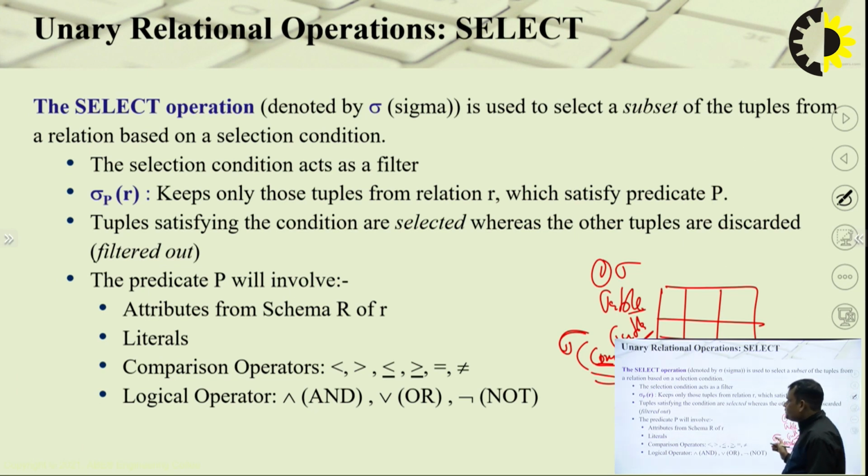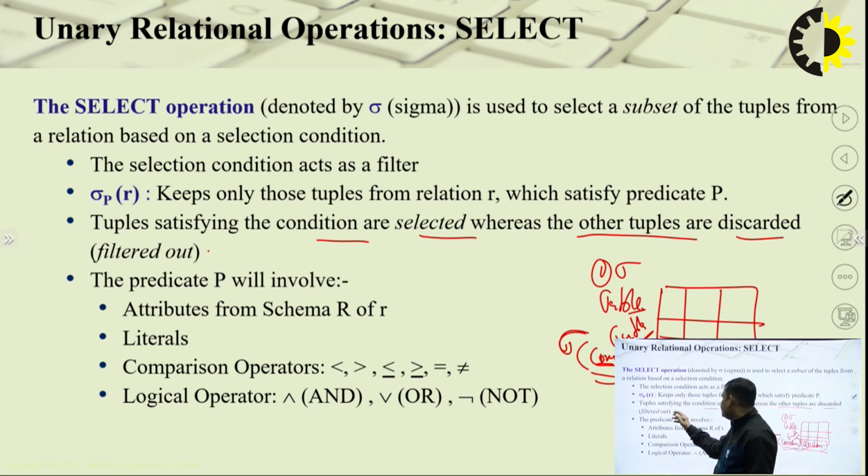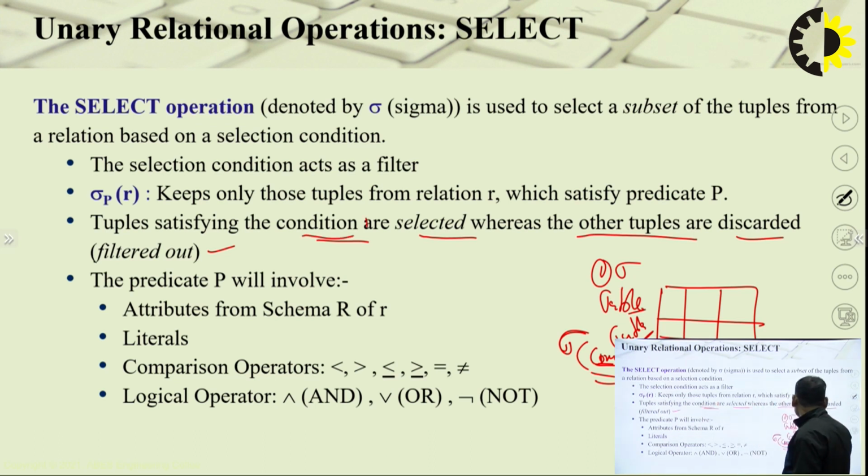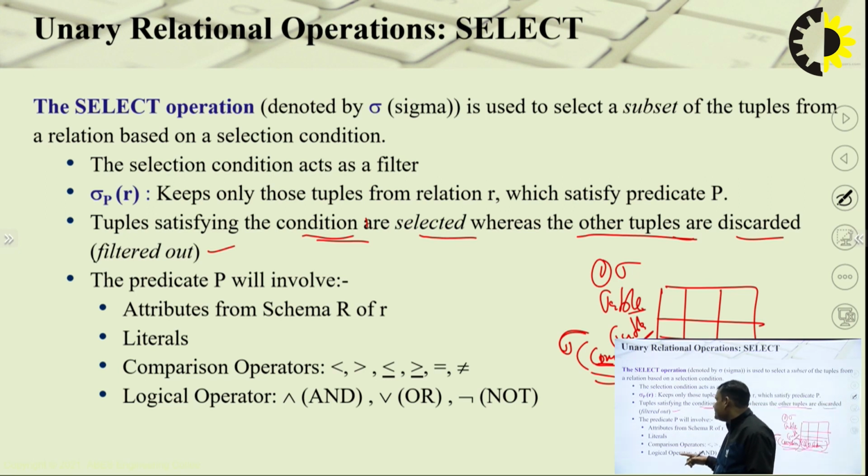The tuples satisfying the condition are selected, and the other tuples are discarded by the filter. On the basis of the condition, the select operation selects the tuples and discards the other records, tuples, in the table.